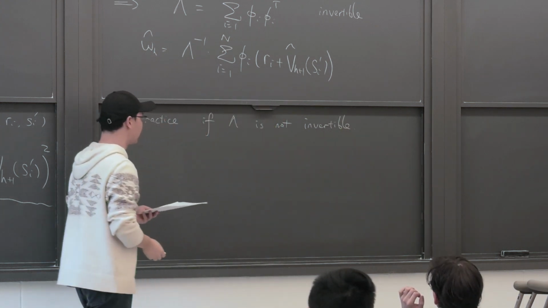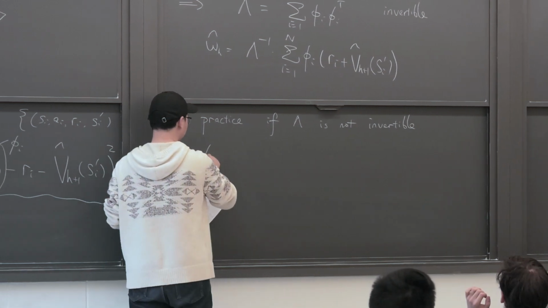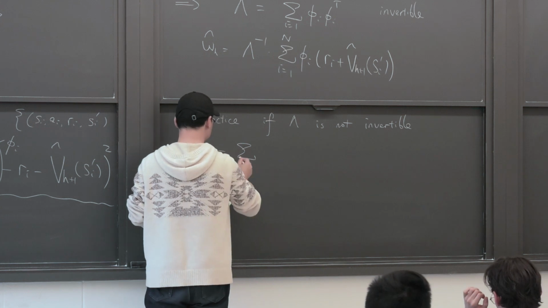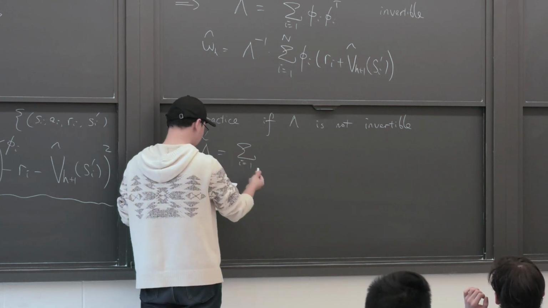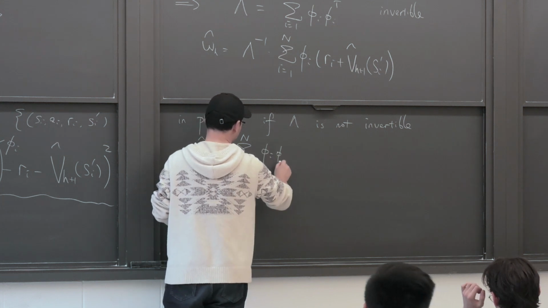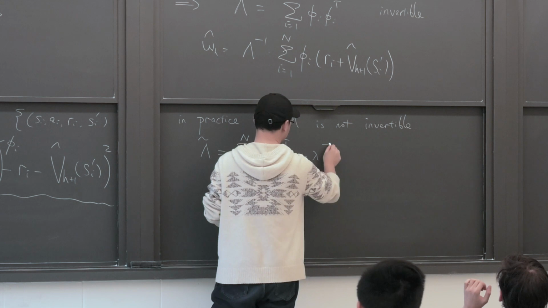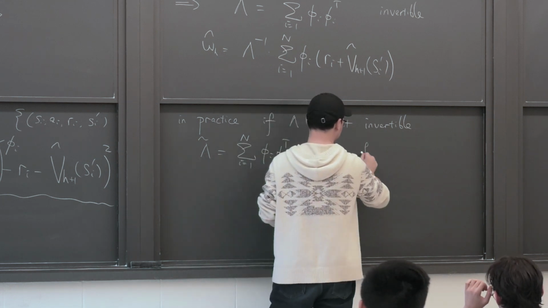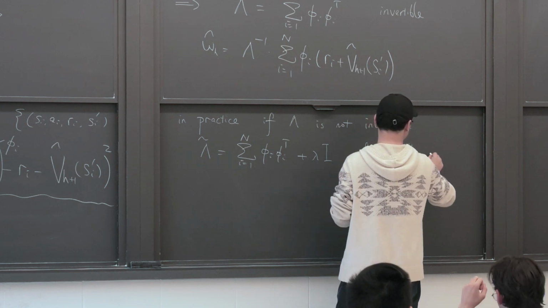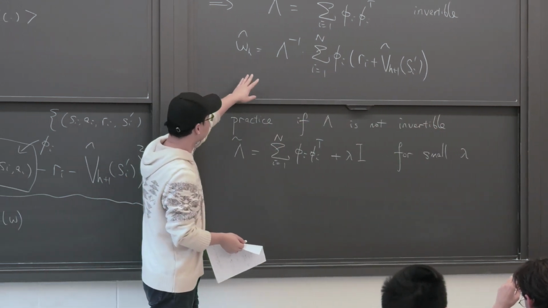If this Lambda matrix is no longer invertible, we can just modify it to Lambda tilde, equal to summation i from 1 to n of phi_i phi_i transpose plus a small lambda I for some small lambda, and use this Lambda tilde to replace Lambda in this formula.